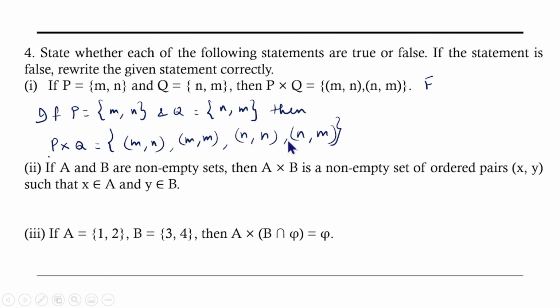These are the elements in P cross Q. So P cross Q consists of the ordered pairs (M, N), (M, M), (N, N) and (N, M).